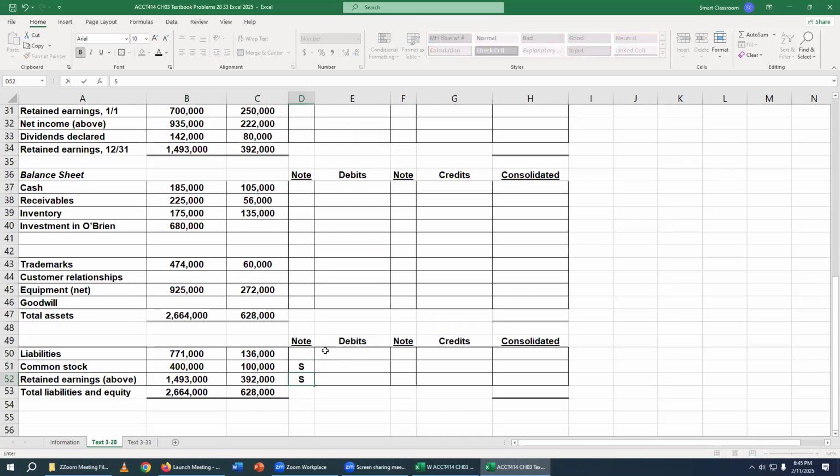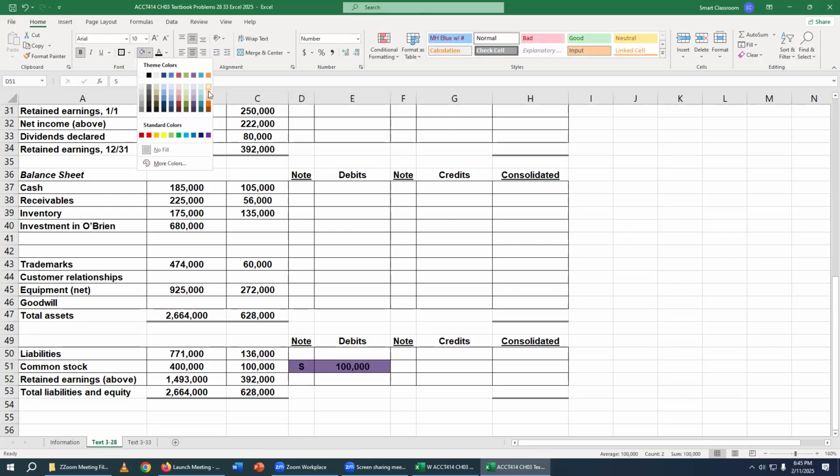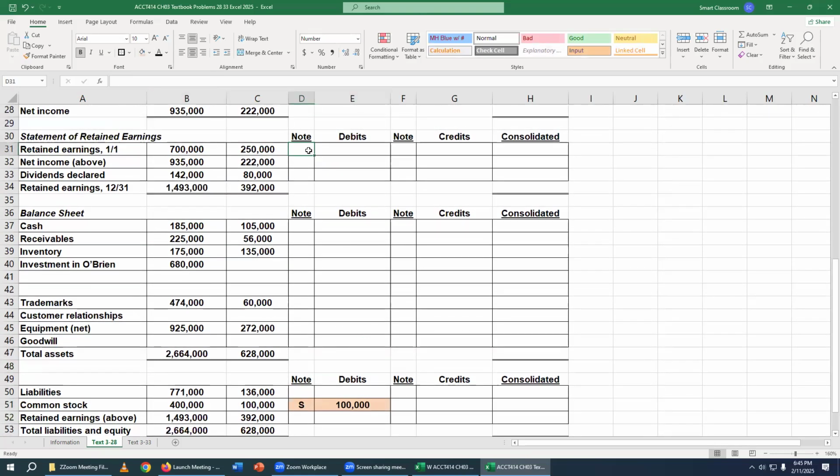Oops, no, we don't want the retained earnings here. Let's do retained earnings at the beginning of the year. So this will be 100. And we need retained earnings at the beginning of the year, $50. And by the way, that should look very familiar. Total there.